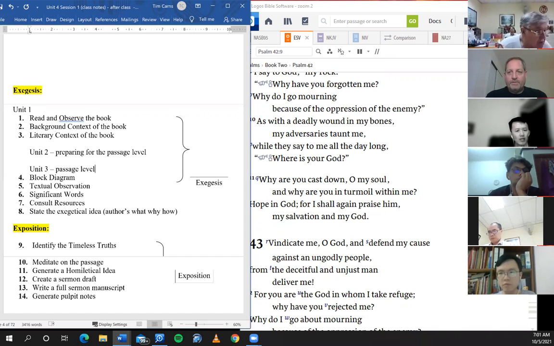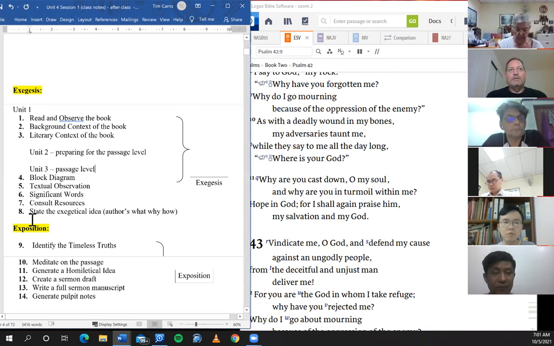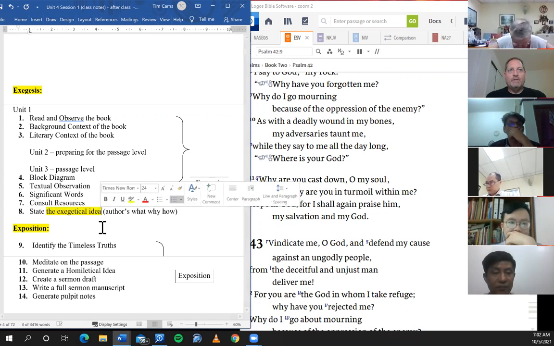So we went through suffering through that because it was preparing us to focus our attention on the passage level, which includes a block diagram and the textual observation, significant words, those things, because we were after the exegetical idea, that is the author's what, why, and how.